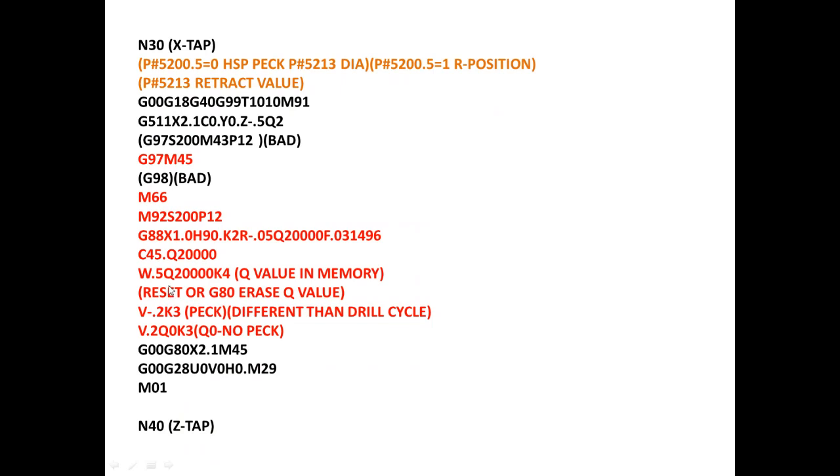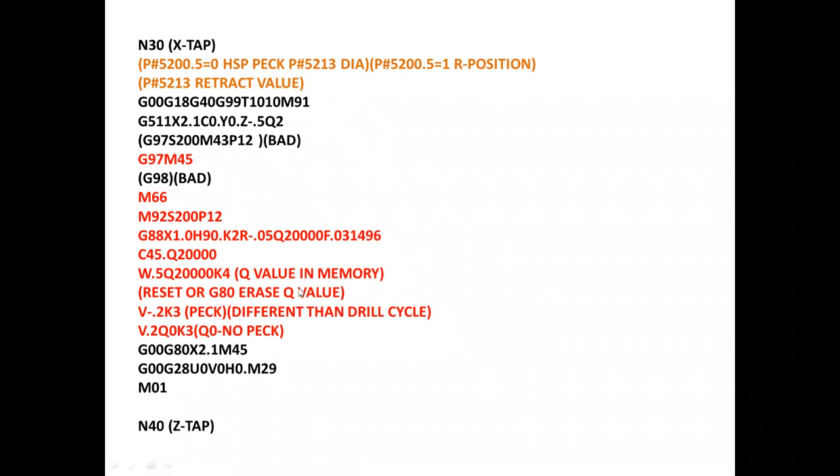In a tapping cycle, the Q value goes into the memory. So the next line I tested with the Y minus 200,000. Y-axis incrementally goes 200,000 minus direction and 3 times.